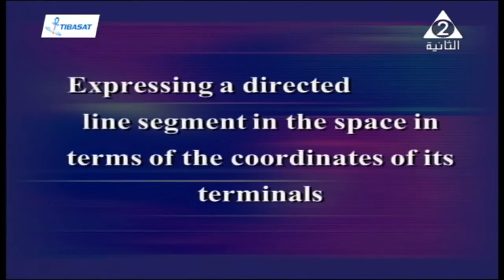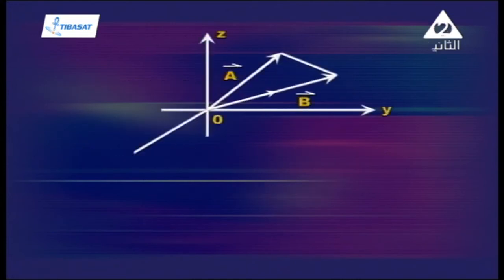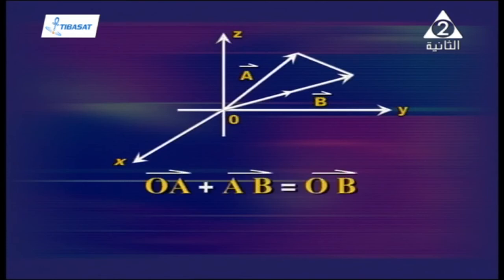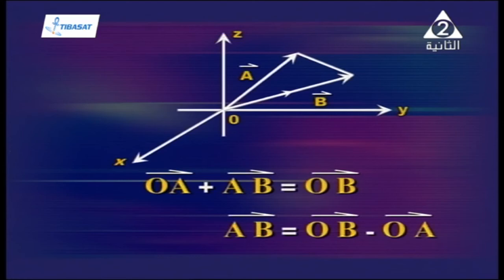How do we express a directed line segment in space in terms of the coordinates of each terminal? My dear student, look at the OA vector plus the AB vector equals the OB vector. So the AB vector equals the OB vector minus the OA vector. We know from the vector triangle that OA plus AB equals OB.